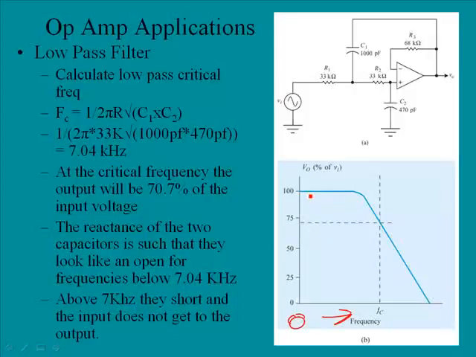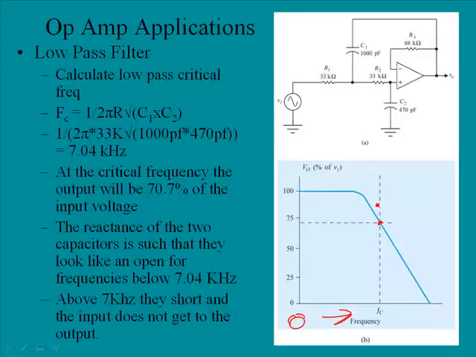In this band, we're passing everything, but when we get up to a certain frequency, we begin to lose the signal. There are lots of different types of low-pass filters, but this is one of the common configurations. The frequency of concern is called the critical frequency.